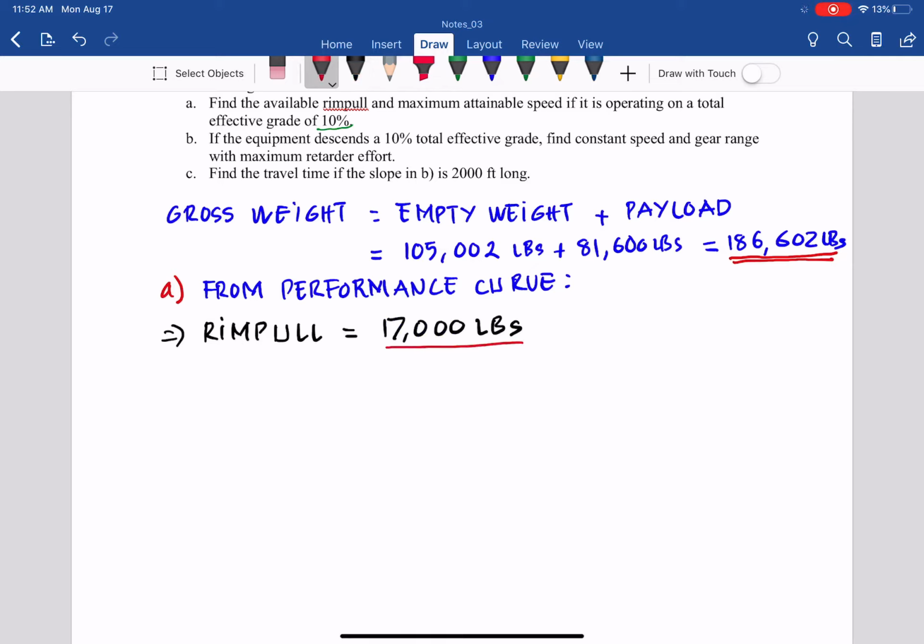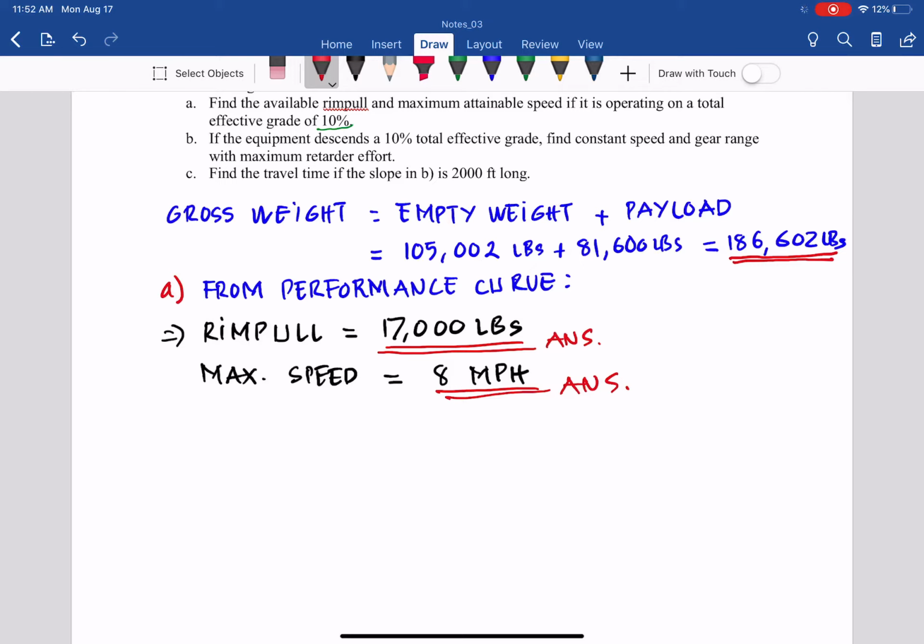That's the answer. And then we have maximum speed, it will be 8 miles per hour. And that's what the question asks.